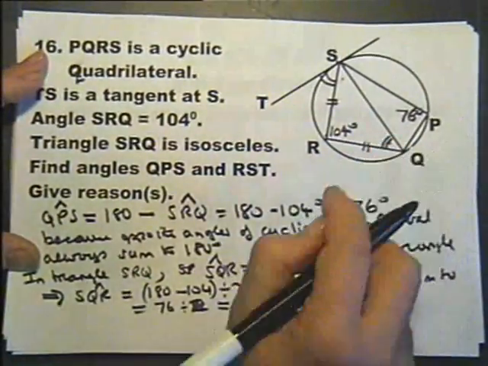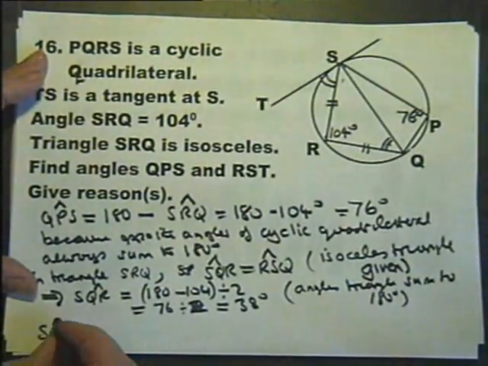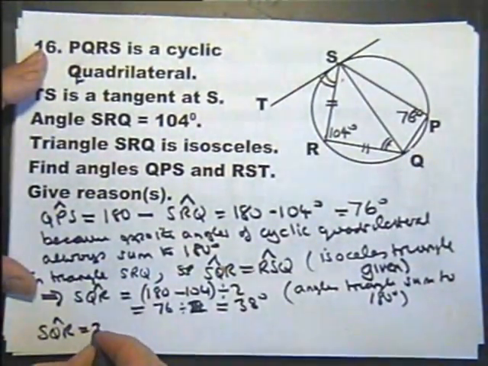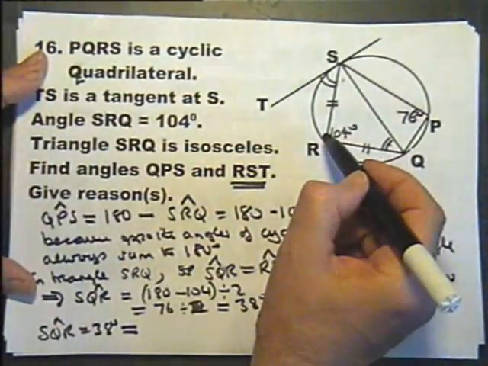Okay, we now know that's 38. So we can now write down that SQR equals 38, which equals the angle we're trying to find, RST.